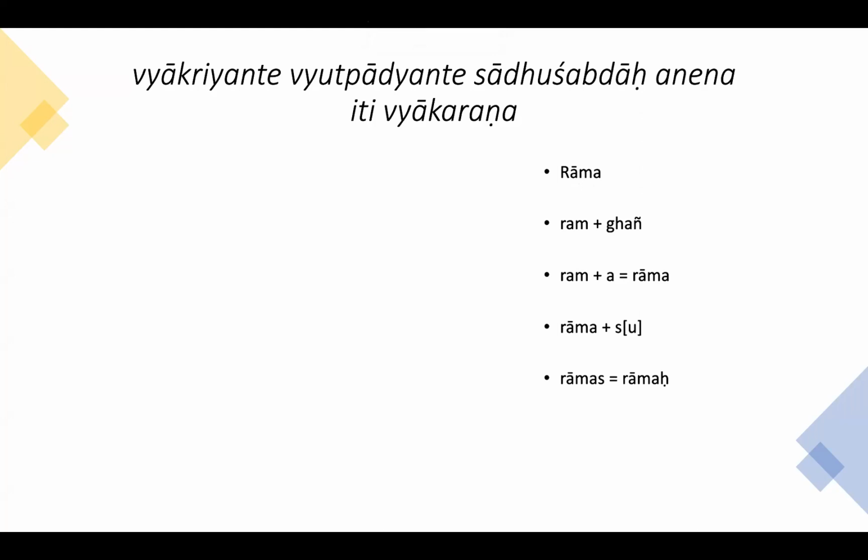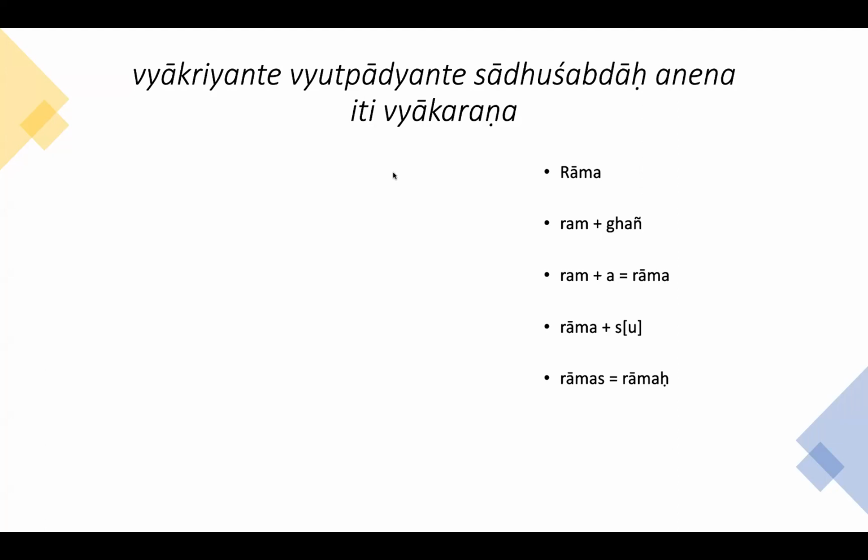It comes from the root word Ramu, which means krida, play, one who plays. Lord Ram performs many pastimes. There are other meanings also, but that's the meaning of the Ram dhatu, or root word.